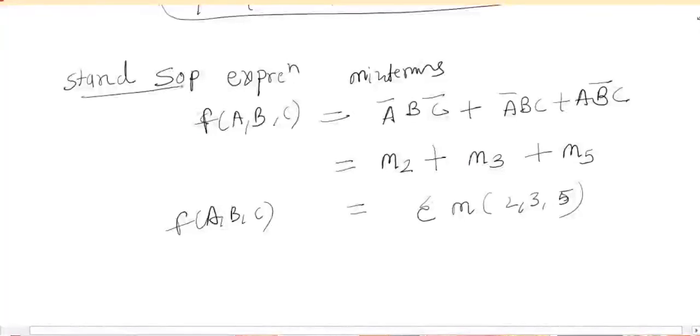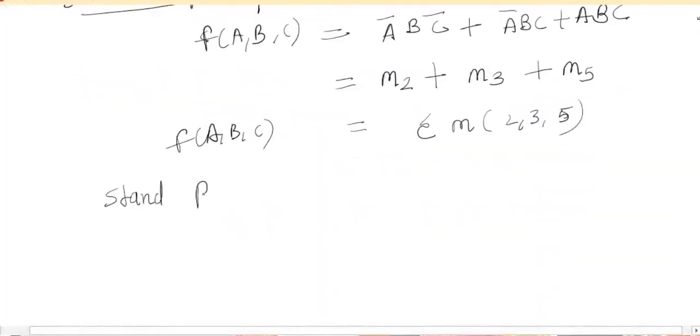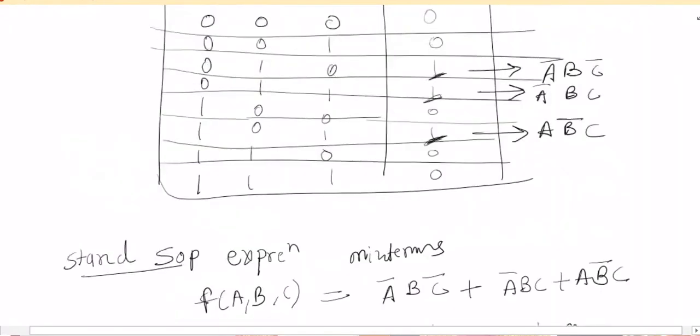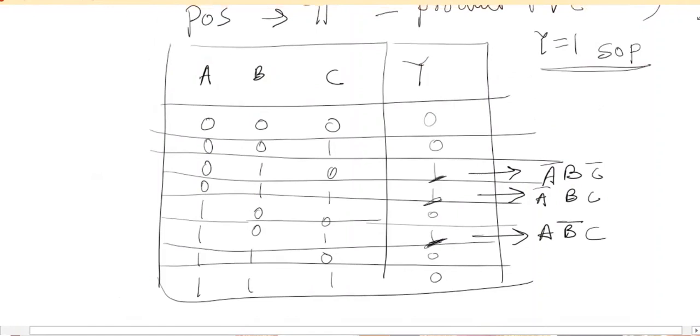Now the standard POS expression. Standard POS expression you can represent in the form of M notation. So the truth table will be given to you. Now in the same truth table for a POS, as I said, SOP and POS are opposite to each other.